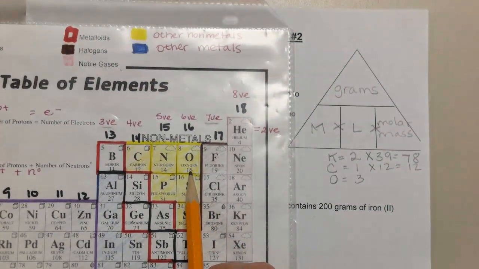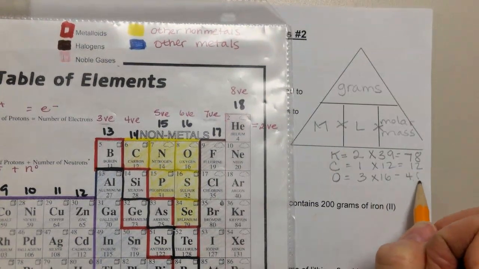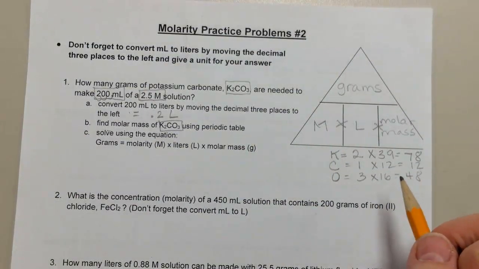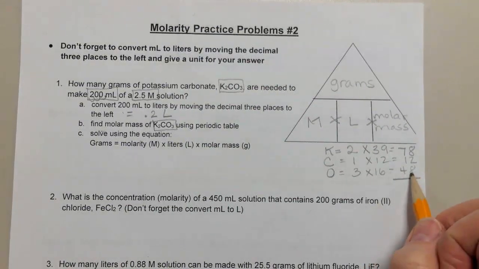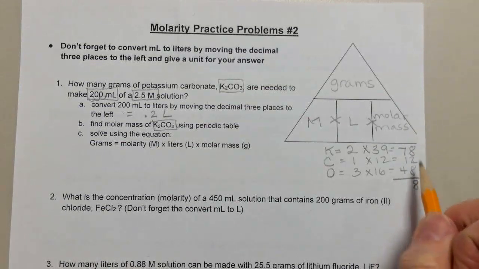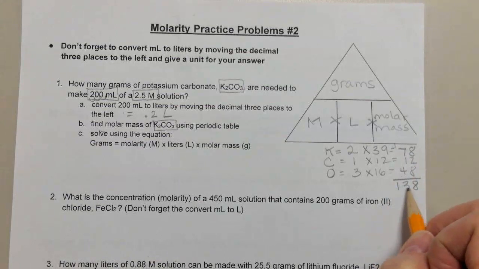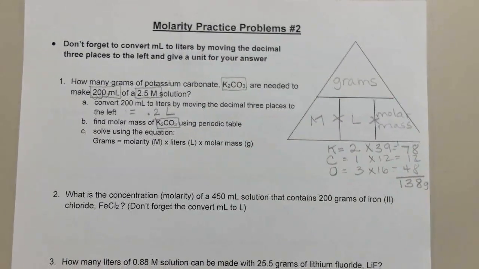And I have oxygen, which is 16, so 3 times 16 is 48. Then I'm going to add this all together: 78 plus 12 plus 48 is 138. So I've got a molar mass of 138 grams.